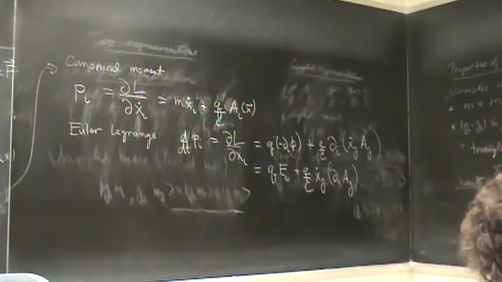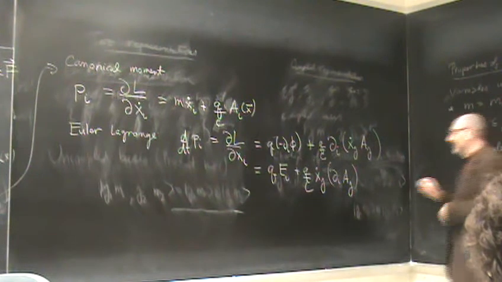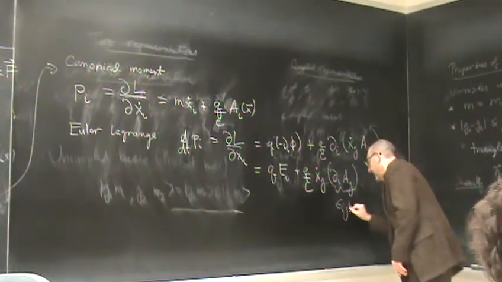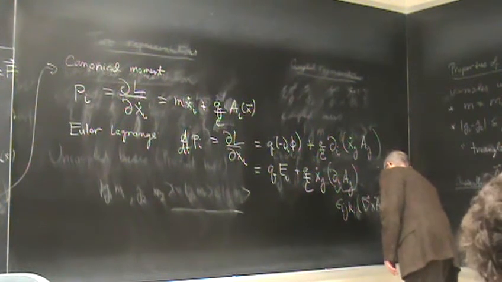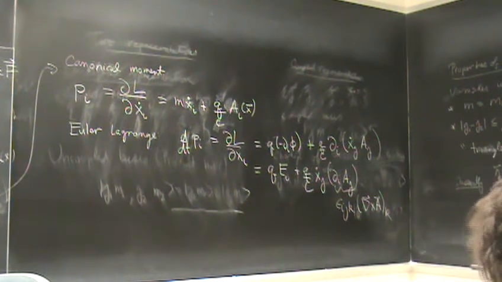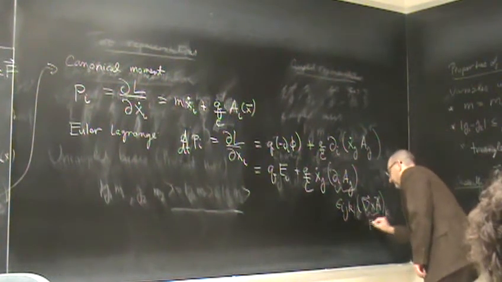I know you're doing this right now in E&M; I peeked. I'm a snoop. And this is epsilon ijk times the kth component of that, which is nothing more than v sub k.